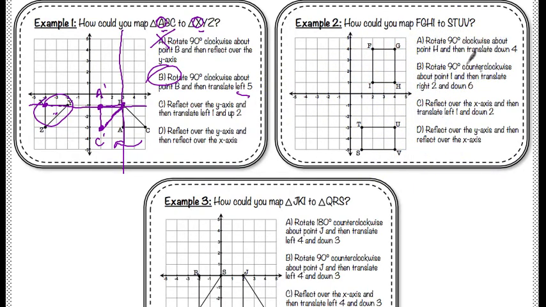I'm going to try again. Okay, so I don't think these are the answers. I think it's B. So let's see if it's B. Rotate 90 degrees counterclockwise about point I. So here's point I. And we're going to go 90 degrees counterclockwise, which is this way, about point I. So this tall side of the rectangle is going to be on this purple x-axis that I have drawn. 1, 2, 3 is that length. 1, 2, 3 is the length of IF.